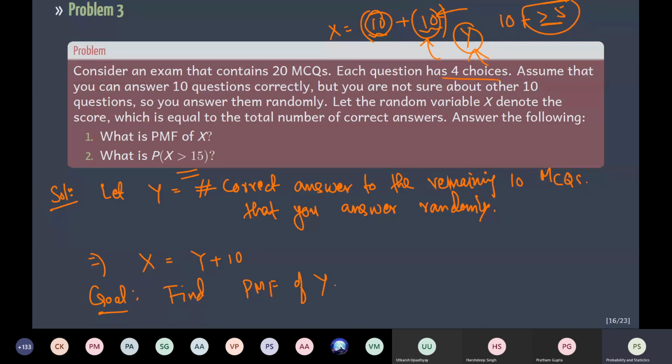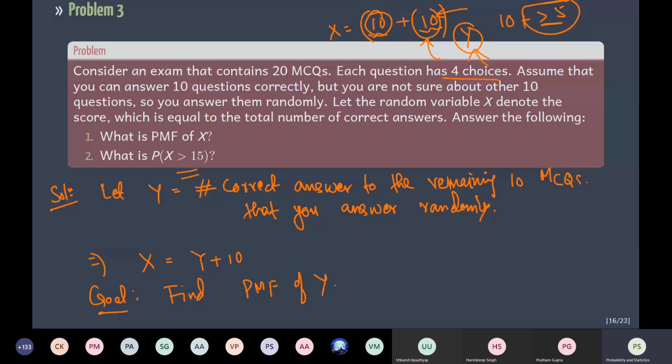The outcomes are success or failure to answer a question, but it was biased: 1/4 success and 3/4 failure. So this went into binomial, but then I realized that there are 10 questions that you're going to answer randomly. So it will be a binomial with 10 trials.